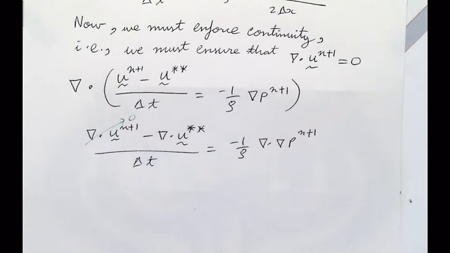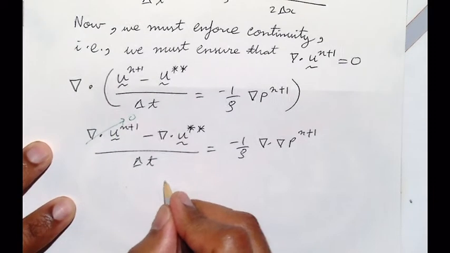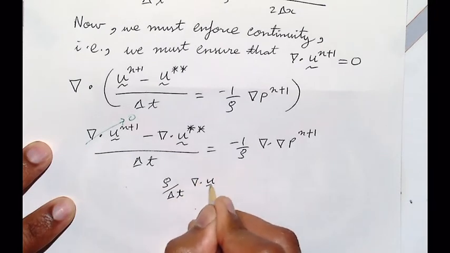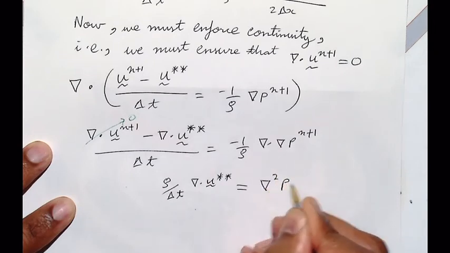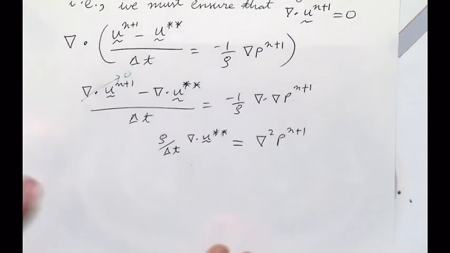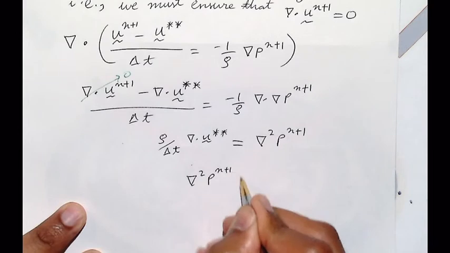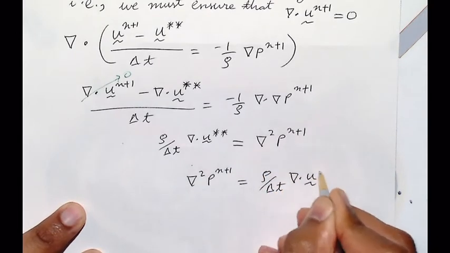What's remaining is basically ρ/Δt ∇·u^{**} equal ∇²p^{n+1}. I will just flip it so you see ∇²p^{n+1} equal ρ/Δt ∇·u^{**}.